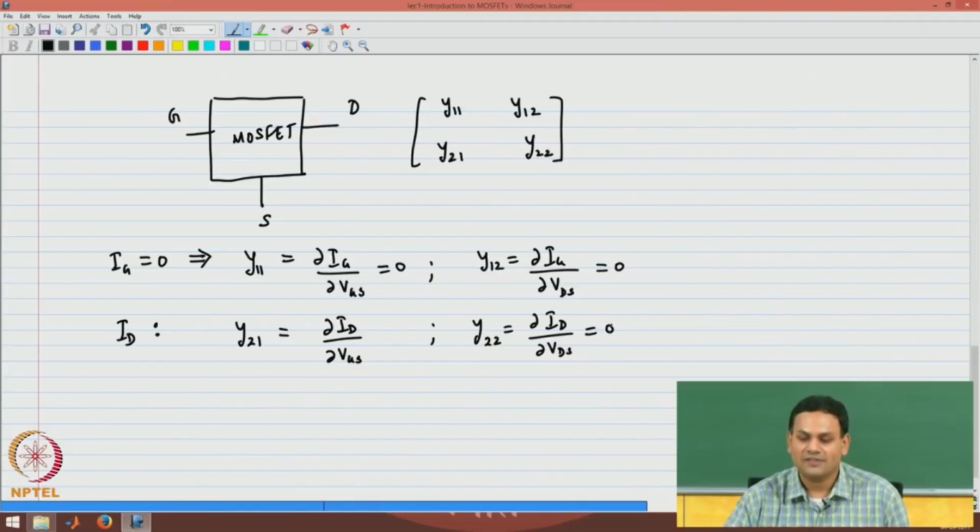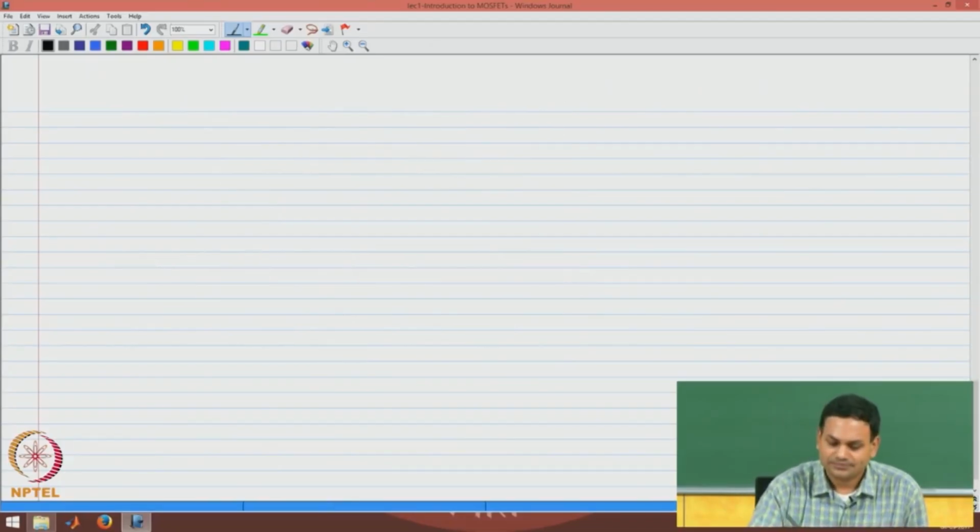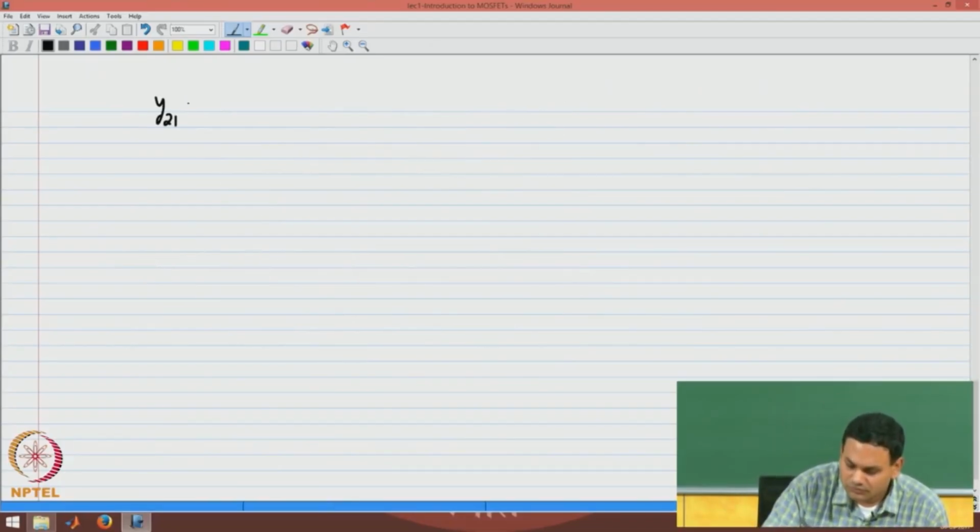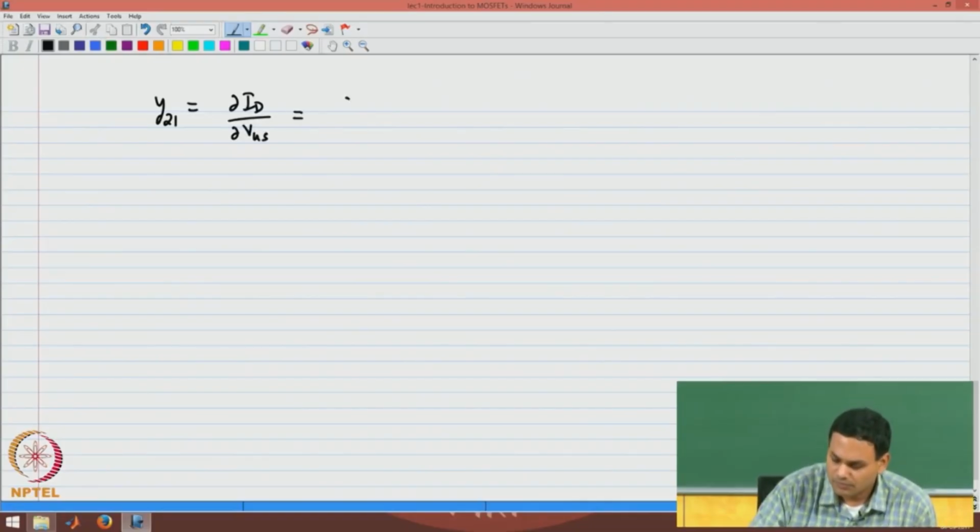For an ideal MOSFET, this should be 0, and therefore, in the small signal model, it looks like Y21 is the only significant small signal parameter of interest. So, let us quickly calculate that. Y21 is dou ID by dou VGS in the saturation region.